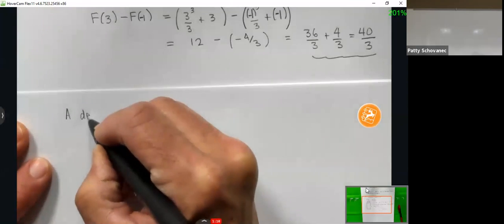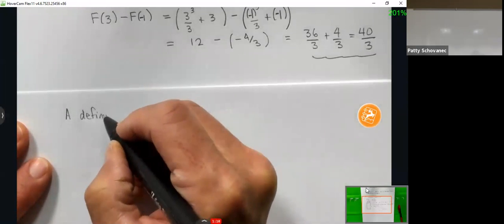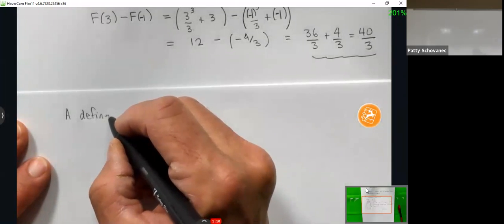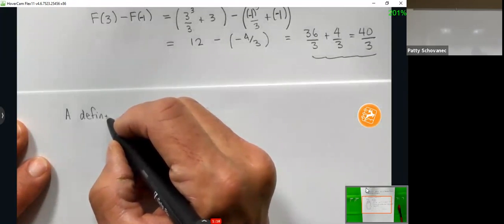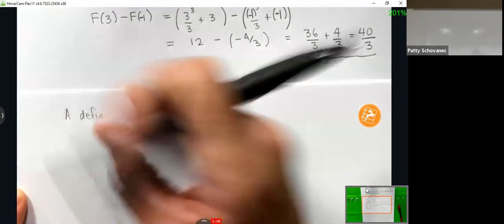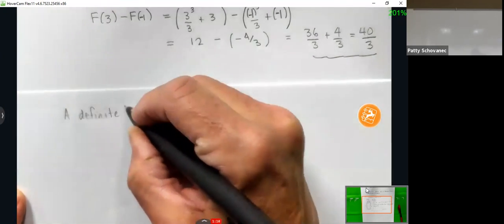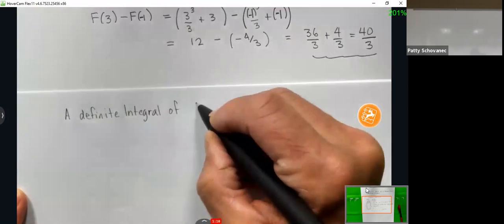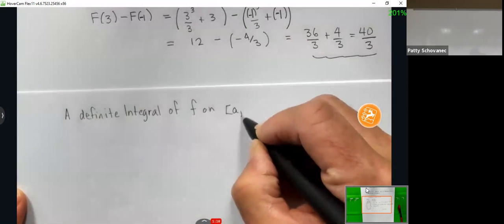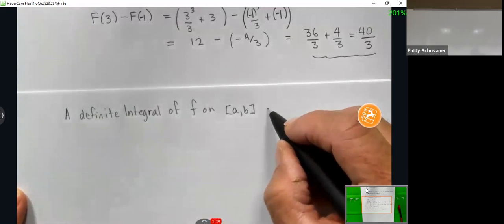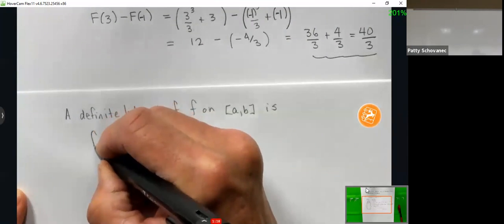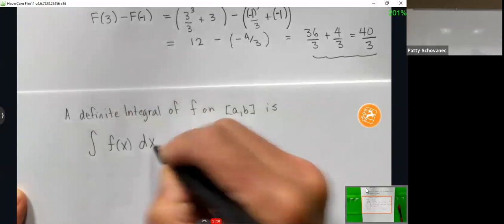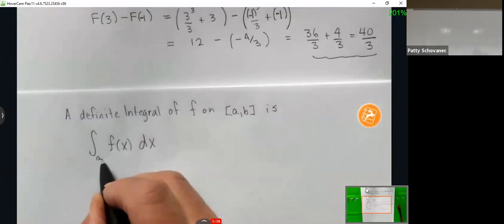A definite integral. We put our integral of our function here with respect to x, and then we put our a and our b here.